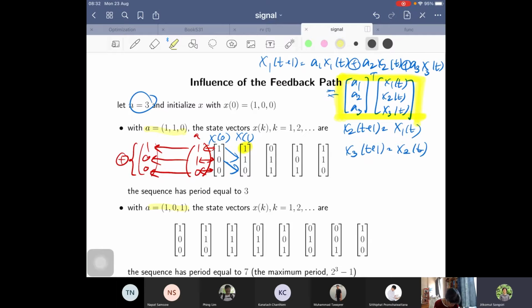So what I did is I write the vector A here, and then I do the dot product according to the yellow box. If I multiply element-wise, I get this vector, but then I need to do the modulo 2 operation. I need to make a sum. So the question is, what is 1 modulo 2 with 0, modulo 2 with 0?